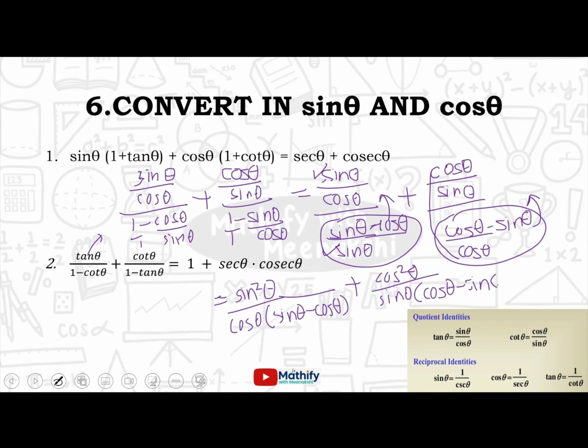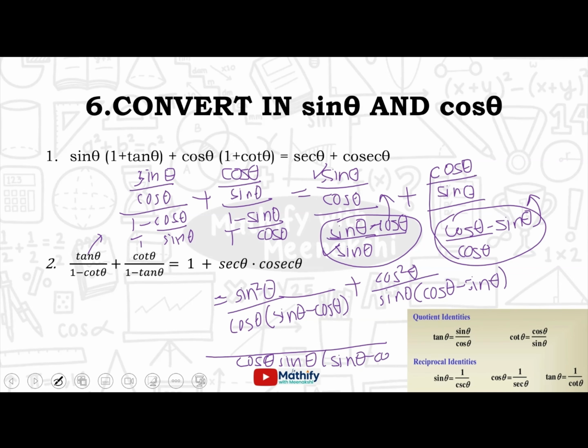It's the NCERT question. Now if you take the LCM of these two, you know that for a minus b and b minus a, you can take a minus b and the minus sign outside. We can take the LCM as any one, like sine theta minus cos theta.